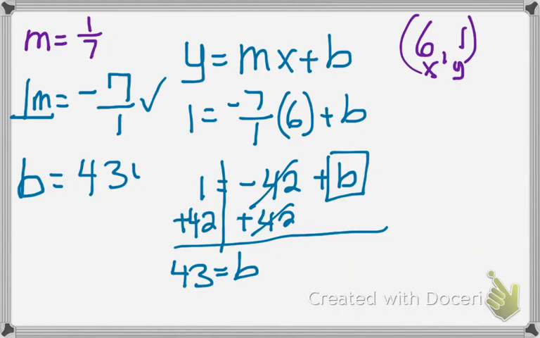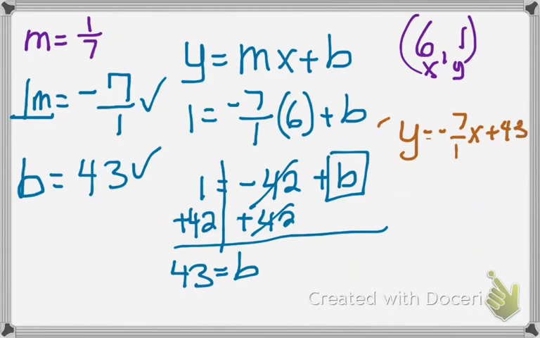I found my y-intercept. Check. What can I do with that now? Well, write your equation of the tangent line. Y equals -7 over 1 x, and then I got my b, which is 43. So I'm going to write plus 43.